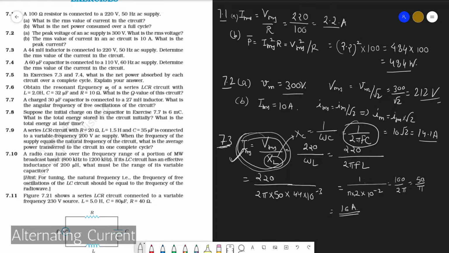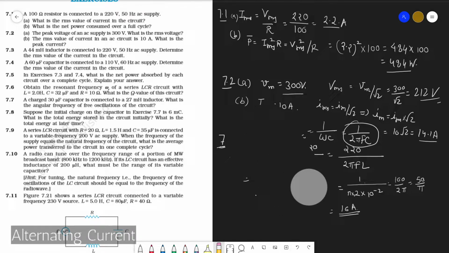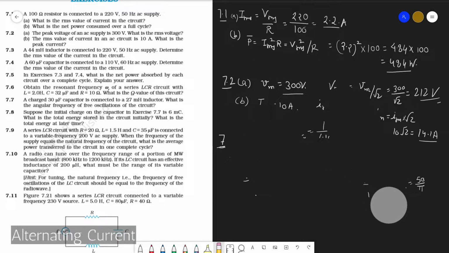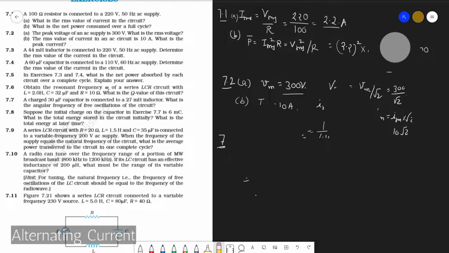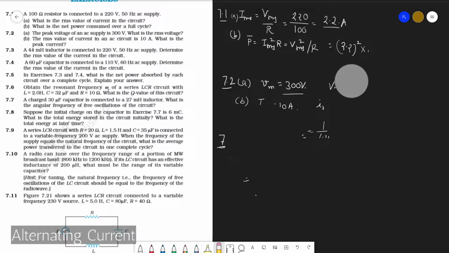Now what is 7.5 asking? In the above two exercises, what is the net power absorbed by each circuit over a complete cycle? So this is pretty straightforward also. You know that the average power is 0.